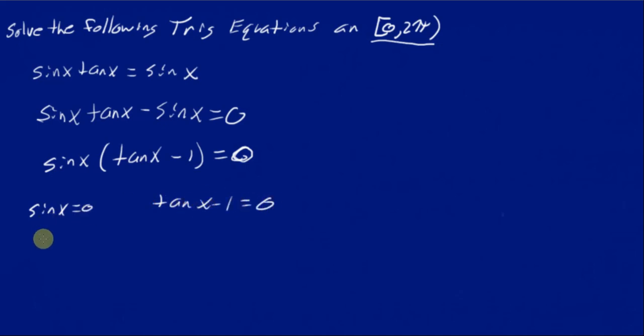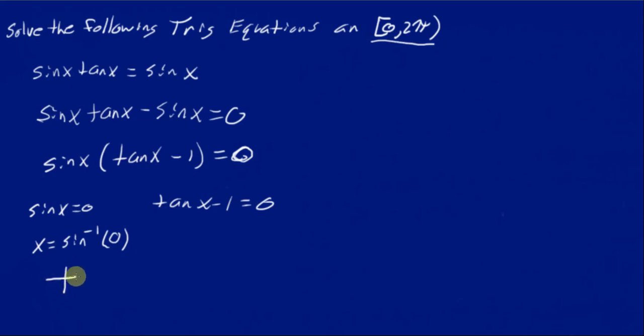Take the inverse sine of both sides. x is equal to the inverse sine of 0. Oops, that is just 0 there. So the inverse sine of 0. Now, what angle has a sine of 0?